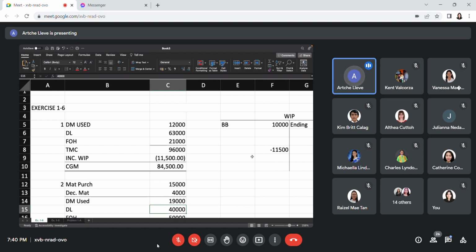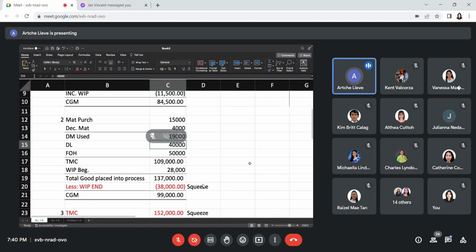Number two. For number two, the requirement is to compute your ending work in process inventory. Now, if you're going to lay it down, this will be your formula again. You have your direct materials used, direct labor, factory overhead. Then that will give you your total manufacturing cost plus beginning minus ending. Then that will be your cost of goods manufactured.